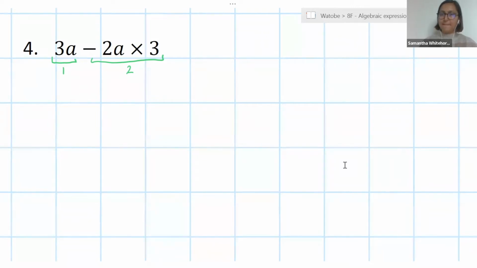We are going to go through it, but try that bit first. What is it that you get, Lungile? What do you get when you say negative 2a times 3? I'm still looking for my answer. Okay, that's okay.